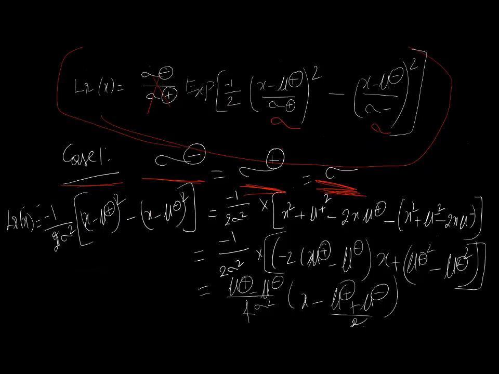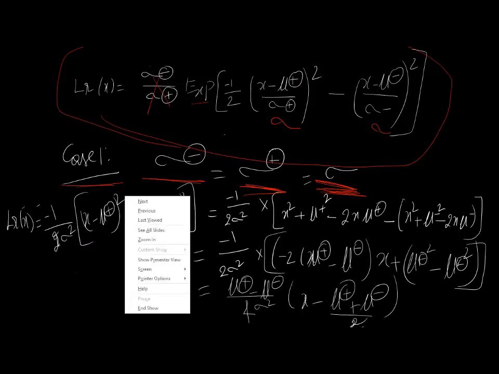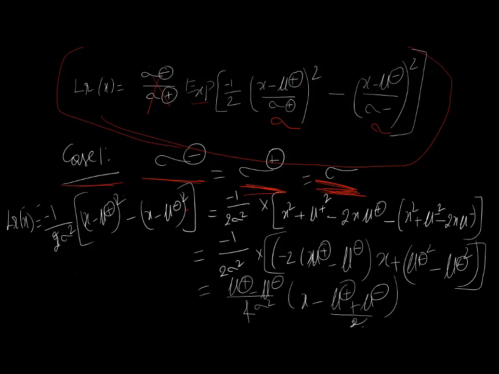If you take 1 by 2 rho square common, then we will get e power minus 1 by 2 rho square into [(x minus mu positive) whole square minus (x minus mu negative) whole square].